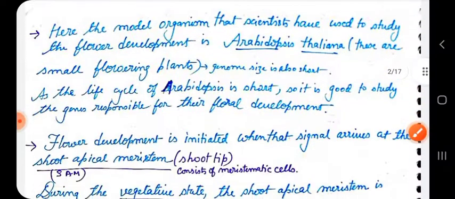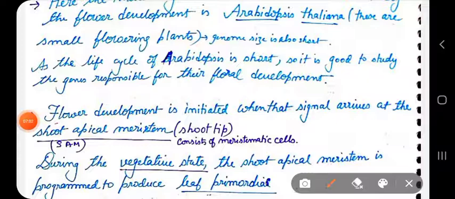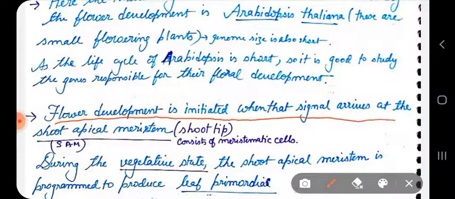Generally, it is saying that flower development is initiated when a signal arrives at the shoot apical meristem. Within the shoot tip, or shoot apical meristem, which consists of meristematic cells, a signal molecule triggers the development of flowers.